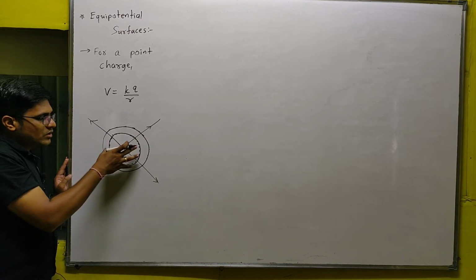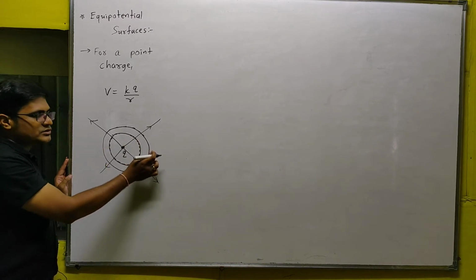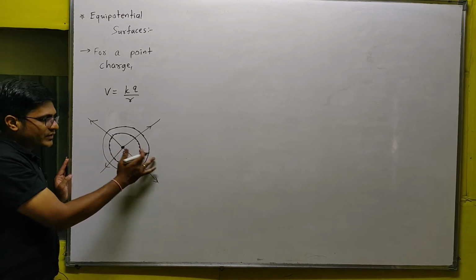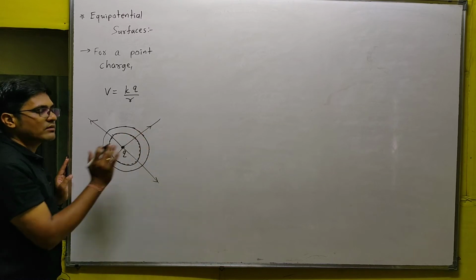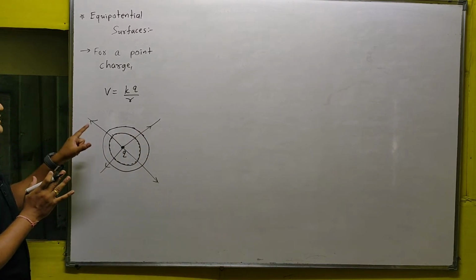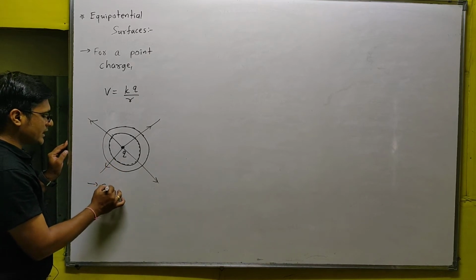The points on the other sphere also have the same potential, but the points on these two different spheres do not have the same potential. So you have to remember the first point: for a point charge, the equipotential surface is like a spherical shell.